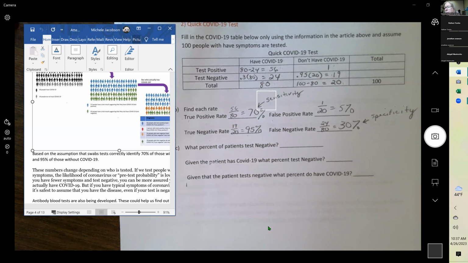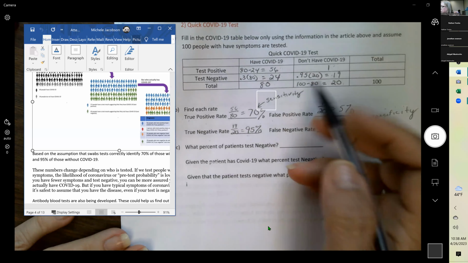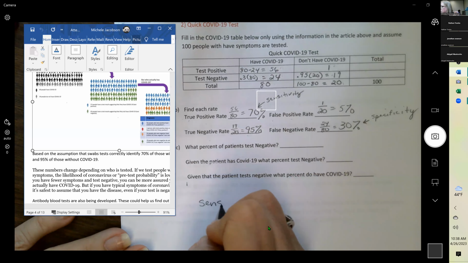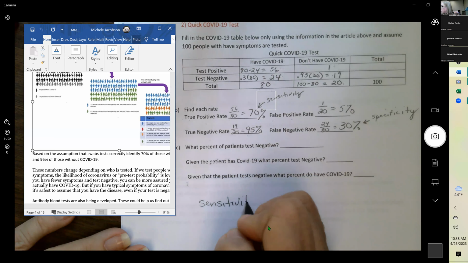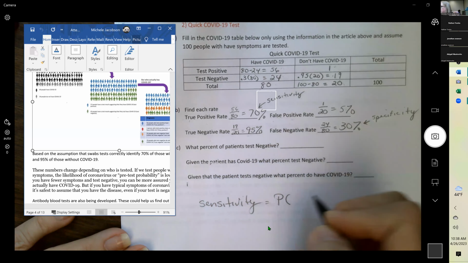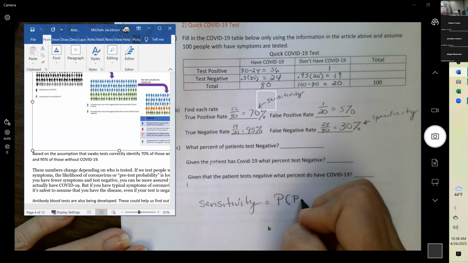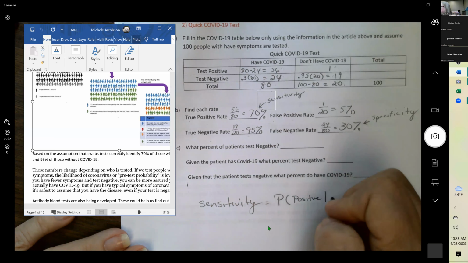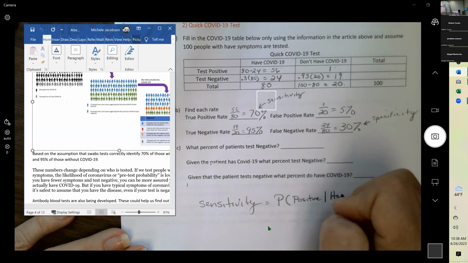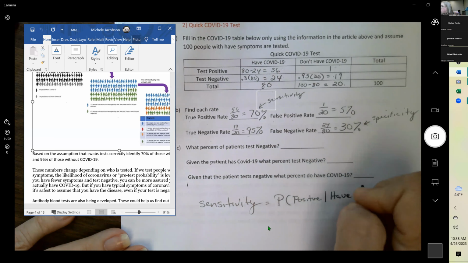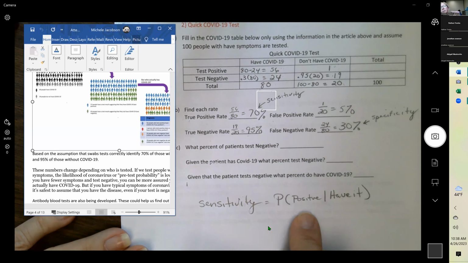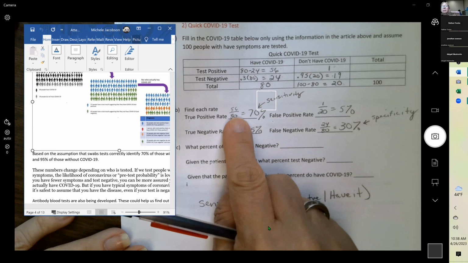What do specificity and sensitivity mean again? Sensitivity is the probability you test positive given you have it. So if you do have it, it's the probability you will find out from the test, and that's 70%.